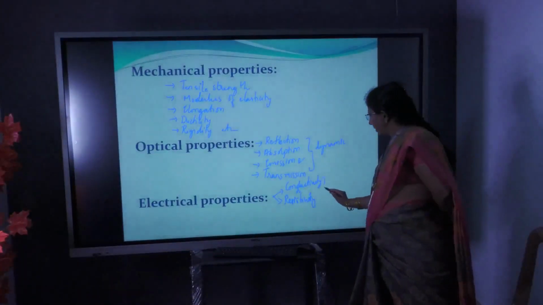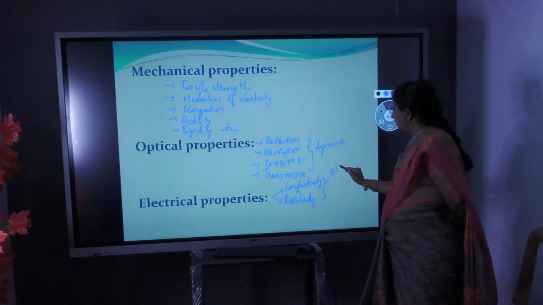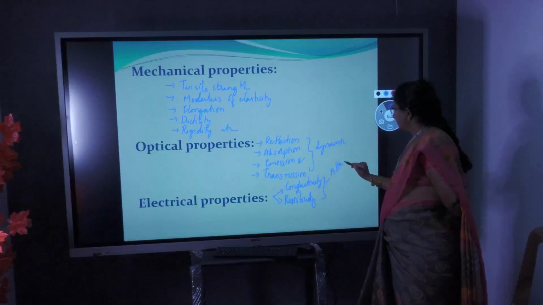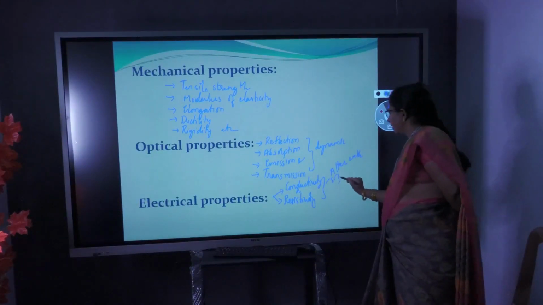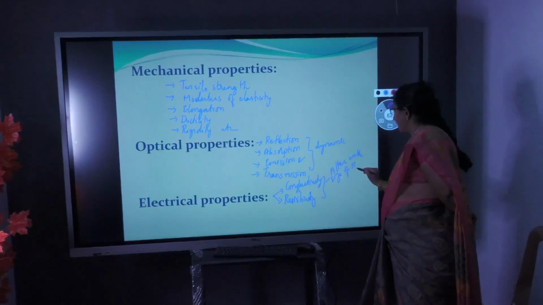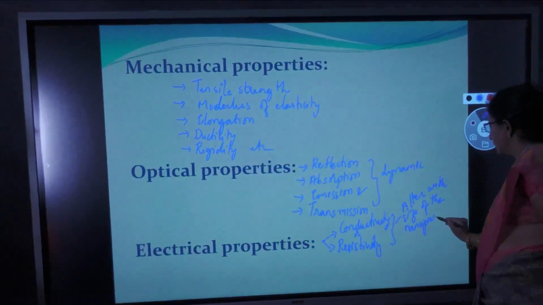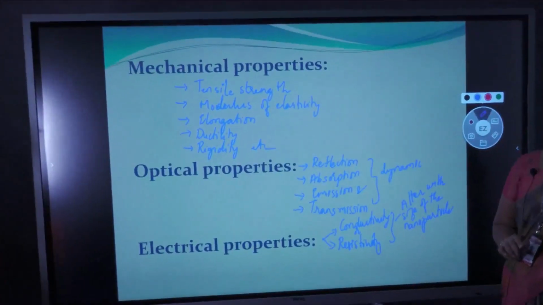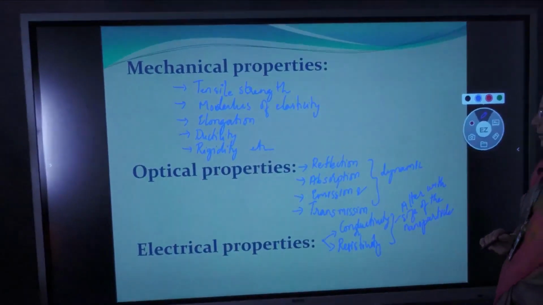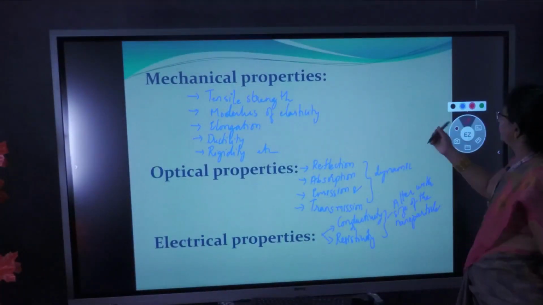These electrical properties alter with the size of the nanoparticle. You can understand this with an example.